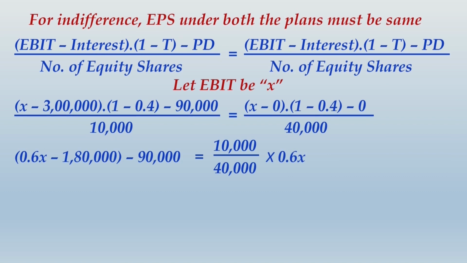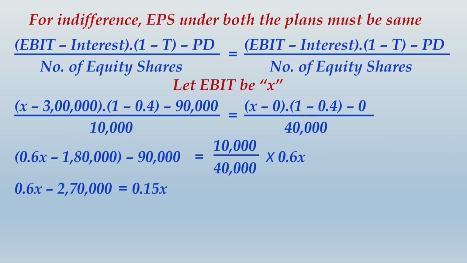So how would you solve this equation? 0.6x minus 1,80,000 and again minus 90,000. So when you open the brackets on the left hand side, you will get 0.6x minus 2,70,000, correct? And over here 10,000 by 40,000 is basically 1 by 4, multiplied by 0.6x, will actually give you 0.15x.